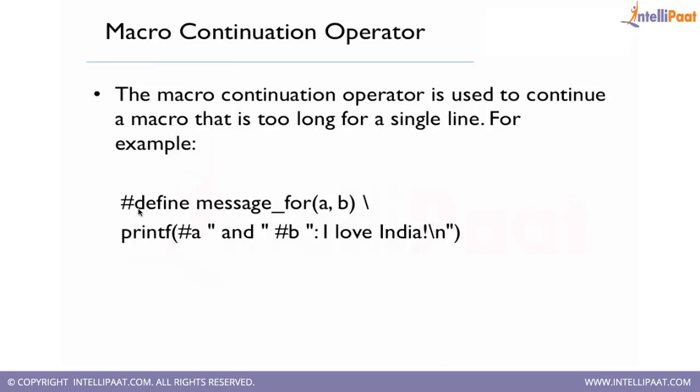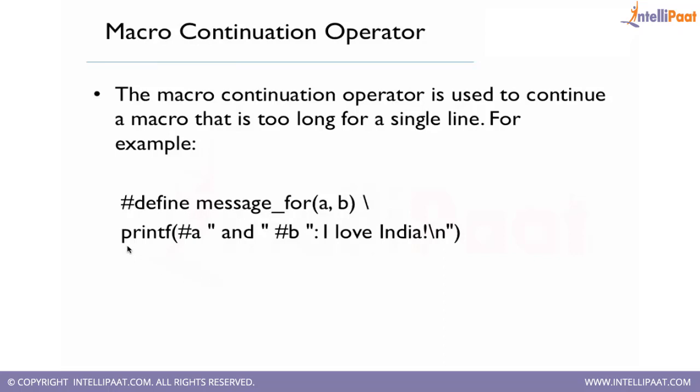Suppose this is our macro and it is not fitting in one line, we can use a slash to say that the macro is not coming in one line, so this is my continuation operator.